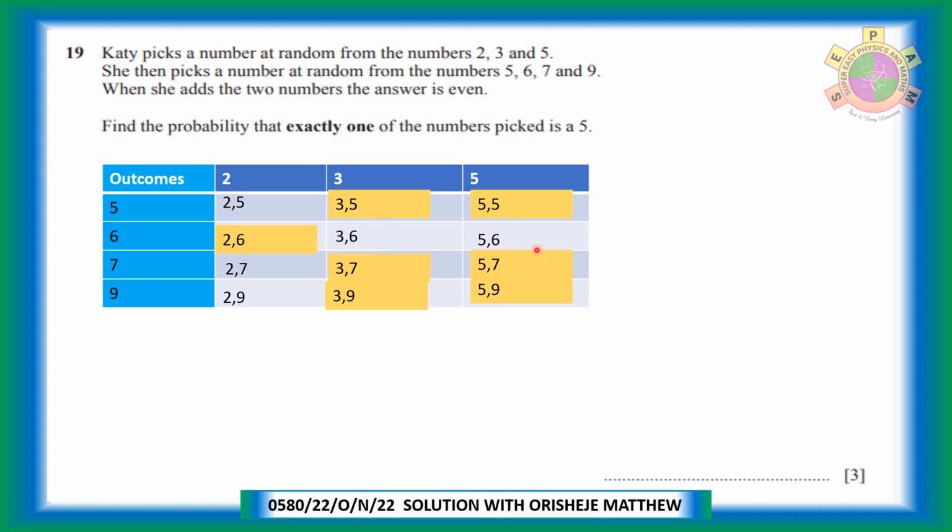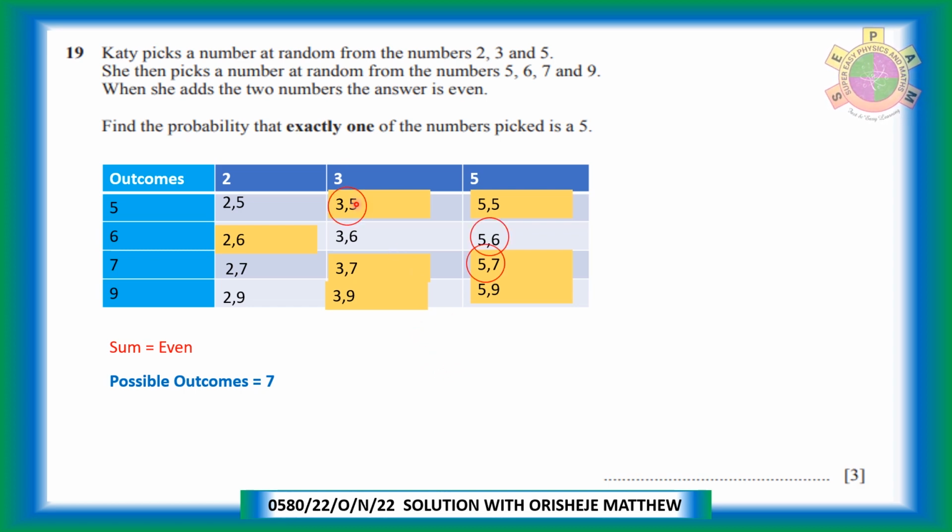So what is the total number that is even? Total even is 7. 1, 2, 3, 4, 5, 6, 7. So the total possible outcome is 7. Now there's another condition. Find the probability that exactly one of the numbers picked is 5. So how many of them are 5?